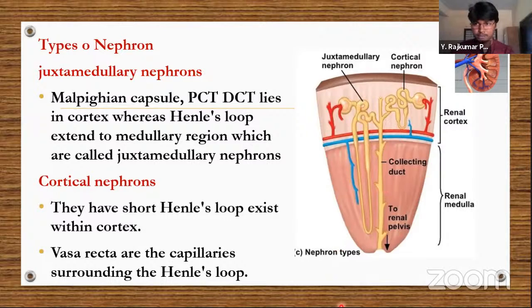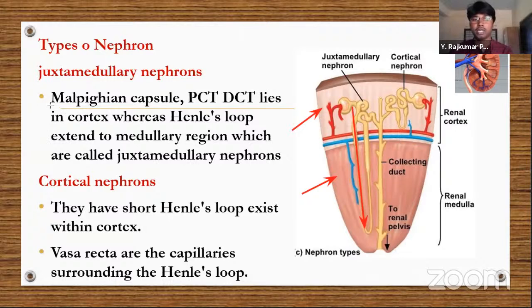Here you can see this part is cortex. Let me show you with the help of arrow marks. This part is called cortex and this part is called medulla. So if they extend from cortex to medulla, they are called juxtamedullary nephrons.